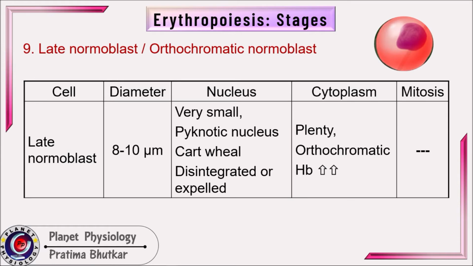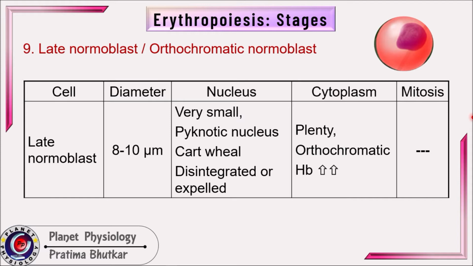The next stage is late normoblast. Its diameter is 8 to 10 microns. Nucleus is now very small and called a pycnotic nucleus. It shows cartwheel appearance, and in later stages of this late normoblast, it is disintegrated or expelled out of the cell.